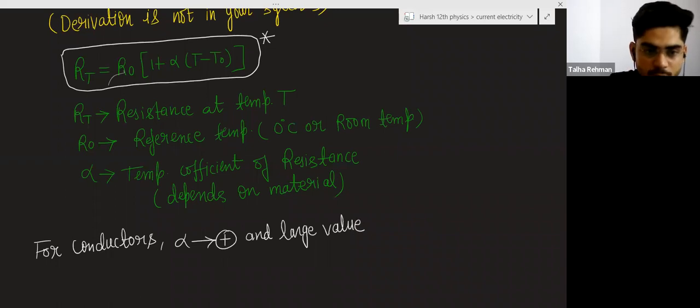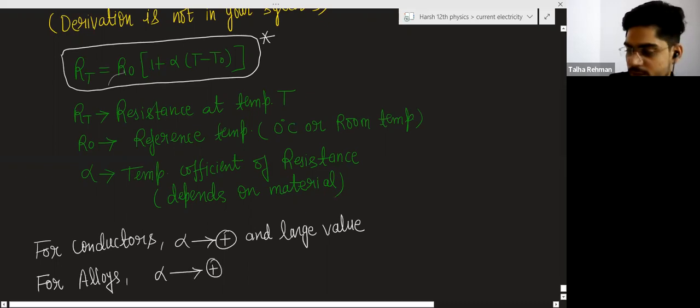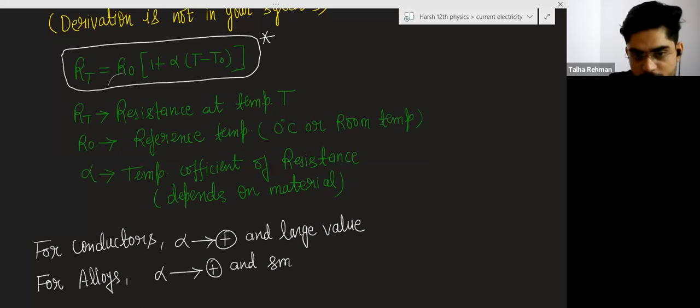For alloys, alpha will be positive but a small value.